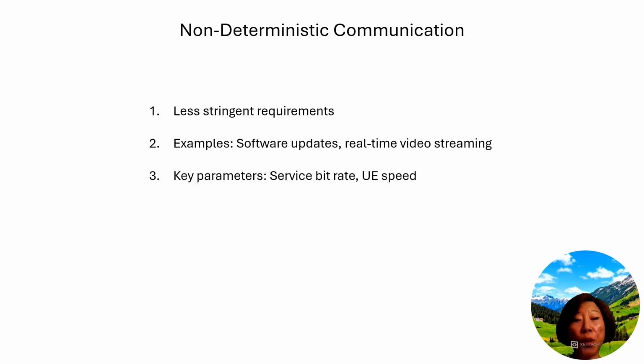Balancing resources between deterministic and non-deterministic traffic is a complex task that 5G addresses through features like network slicing and dynamic resource allocation. Network slicing, which has been implemented in a lot of networks now, has been everywhere.